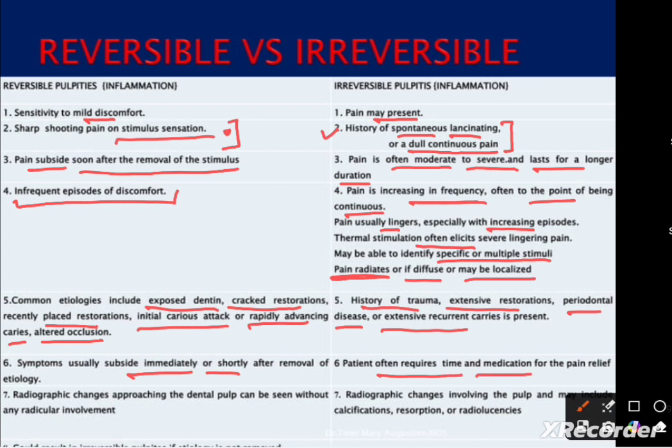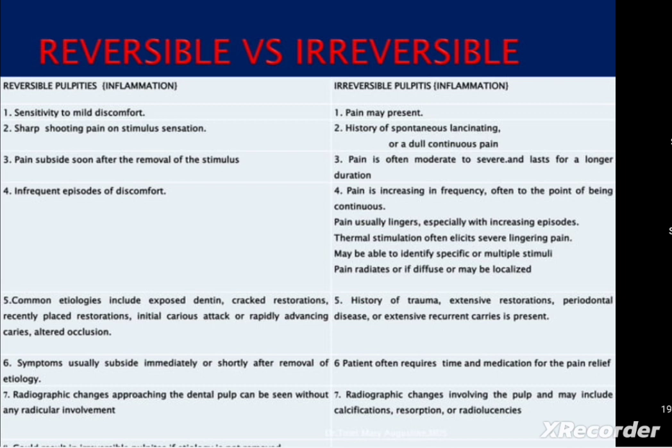Now let us see the radiographic changes associated with reversible pulpitis. In reversible pulpitis, the radiographic changes approaching the dental pulp can be seen without involvement of any radicular pulp. So radicular pulp is not involved, but radiographic changes can be seen approaching the dental pulp, whereas in case of irreversible pulpitis, the radiographic changes involve the pulp, and it may include calcification, resorption, and radiolucencies.